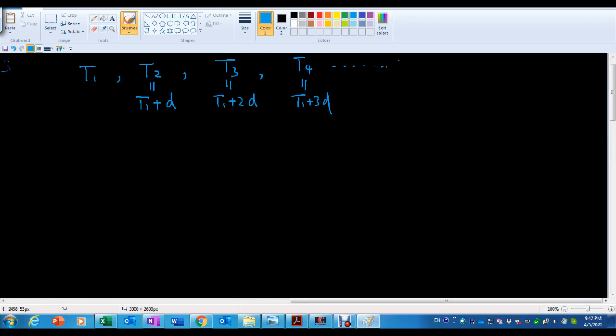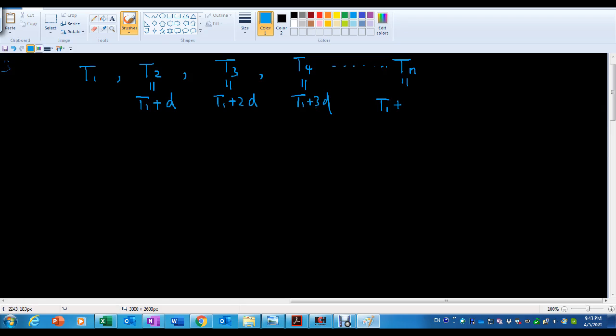So if we come to the nth term, it should be T1 plus how many D? Think about this. How many common differences? For the third term, it's 2 common differences.